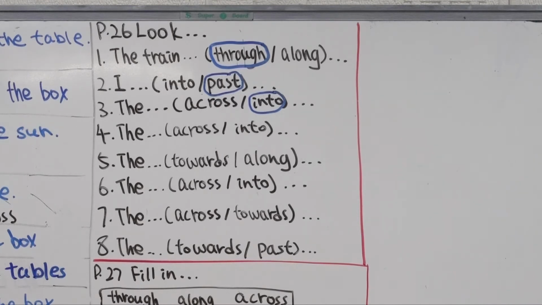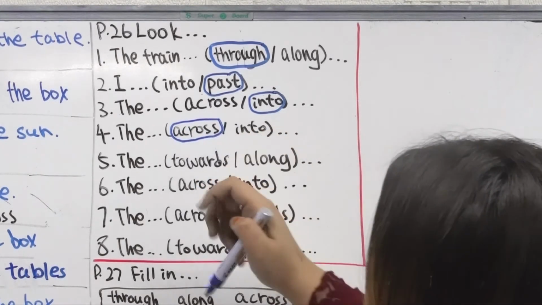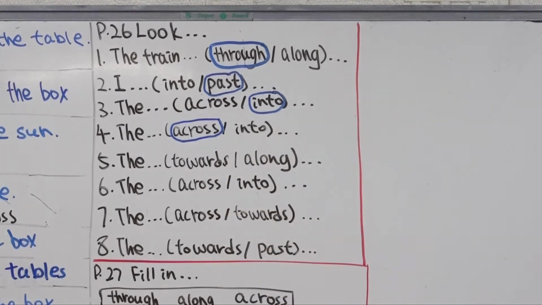The dog ran into the road or across the road? The road, across, from one side to another, right? It will be very dangerous if he ran into the road because there are lots of cars and transport there. So that's why it's across.